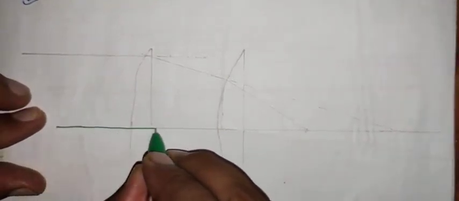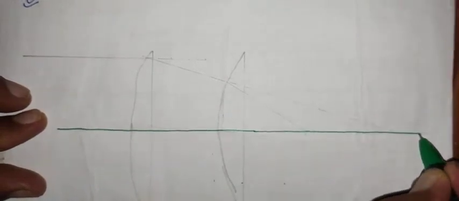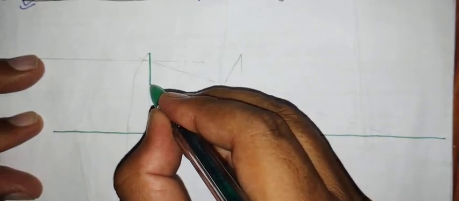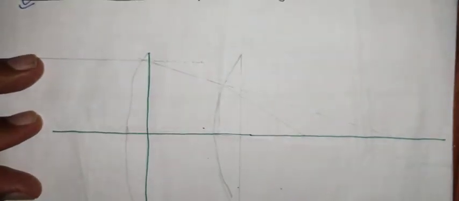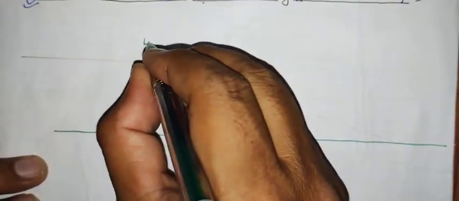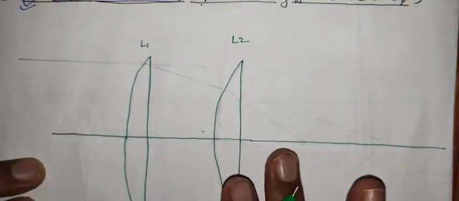So for that, first of all, this green line represents the principal axis. Consider two plano-convex lenses, L1 and L2, as in the diagram.